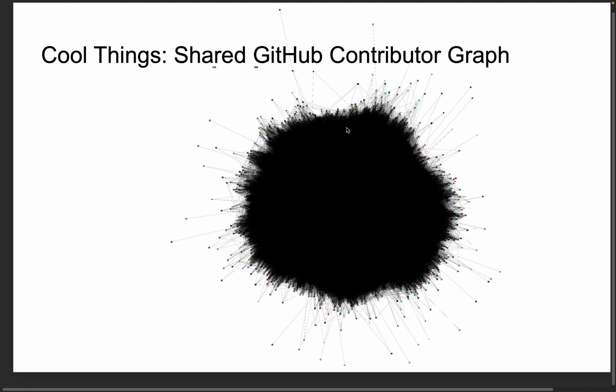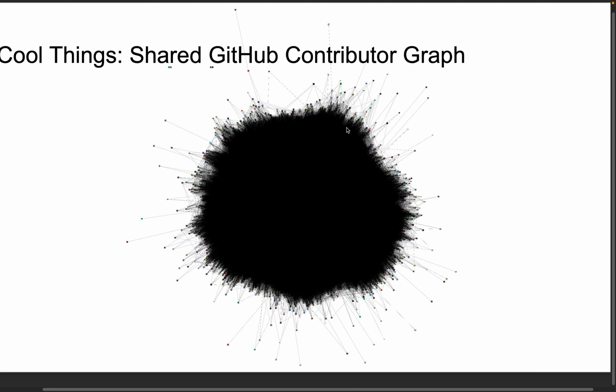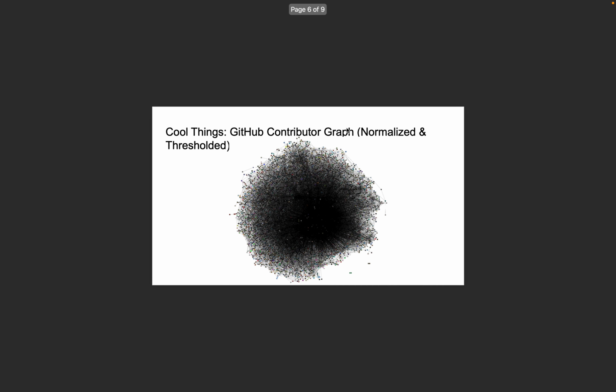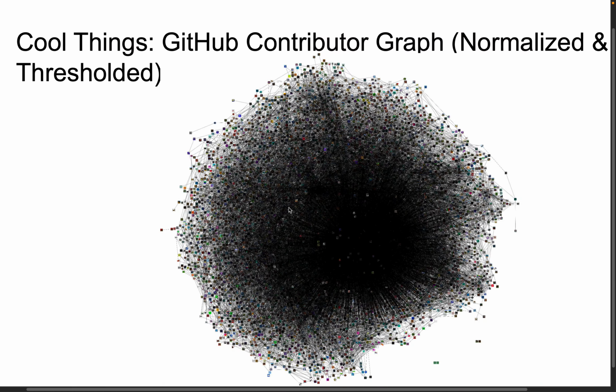And so it's just all very linked, which I think is neat. And even in this one, which is again like 1% of the edges or something, it's still highly connected, which I think is really cool.